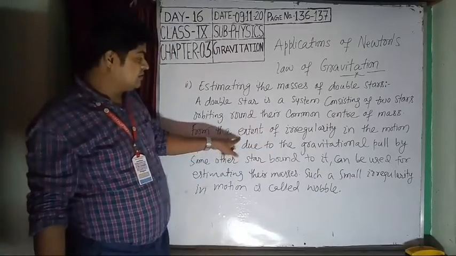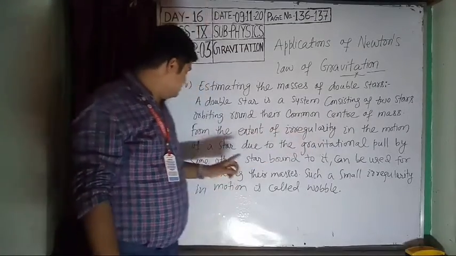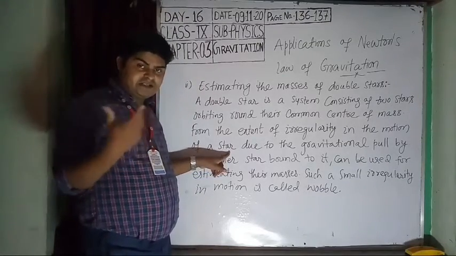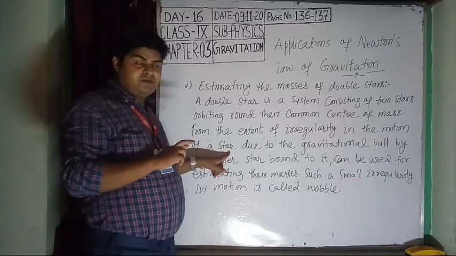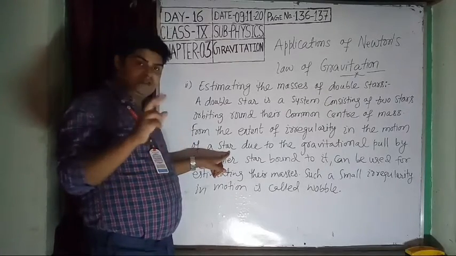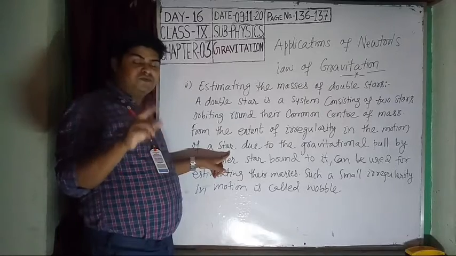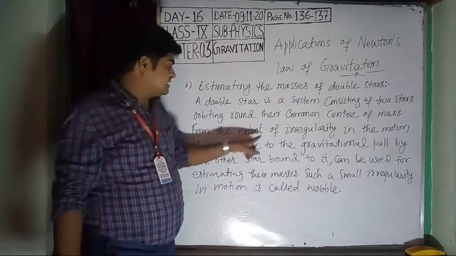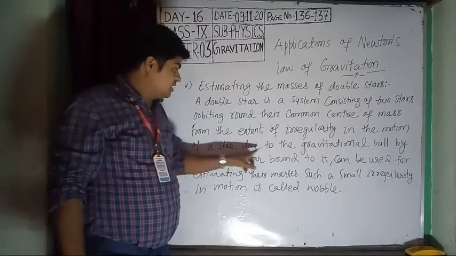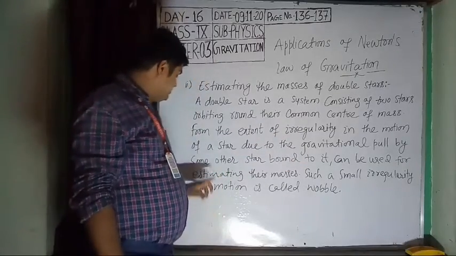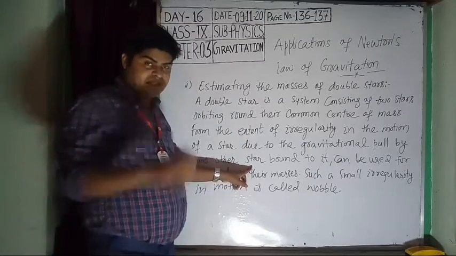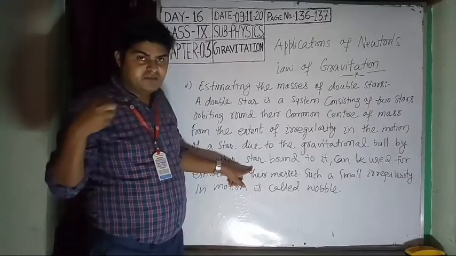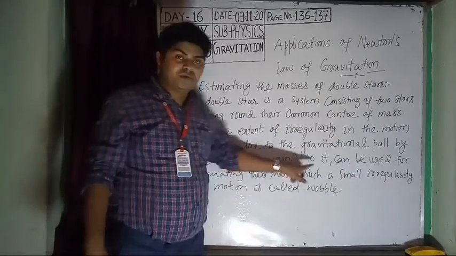From the extent of irregularity in the motion of a star, and you know that the motion of each star is different, here I am discussing two stars. So the motion of the two stars is different from each other. These irregularities of the star are due to the gravitational pull by some other star. These irregularities happen by the attraction, the gravitational force, of the other star bound to it.